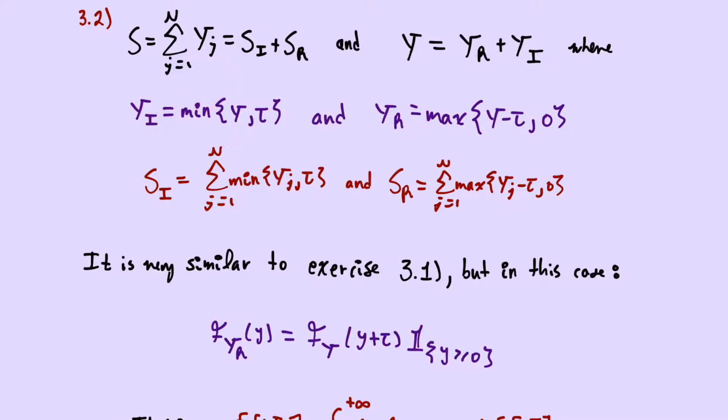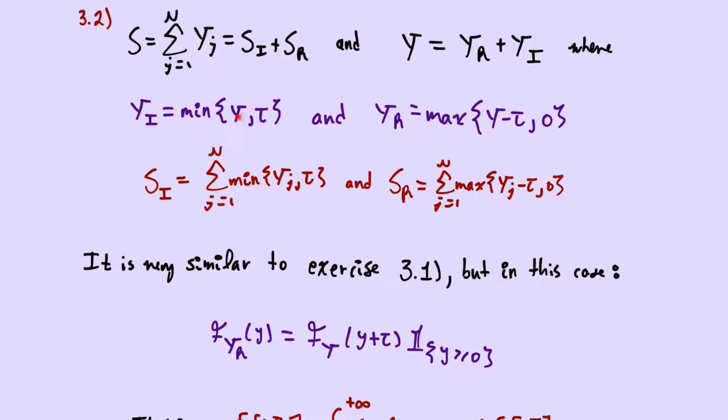It's very similar. Now, the part of the reclamation that the insurance company will have to pay is the minimum between y and tau. If y is less than tau, the insurance company will have to pay everything, because it is less than the amount that they have fixed.